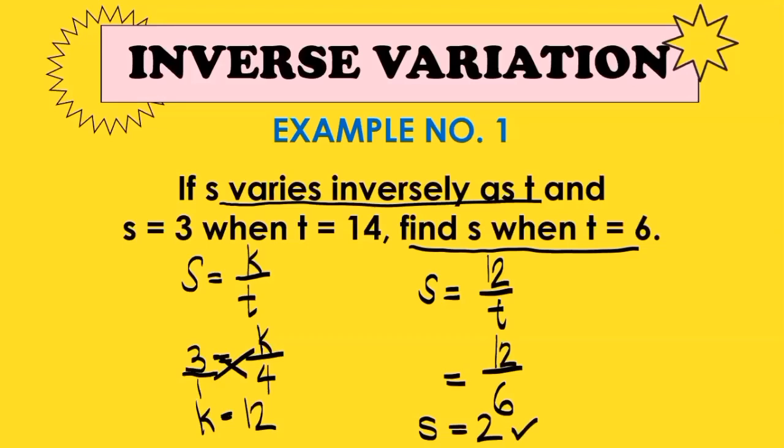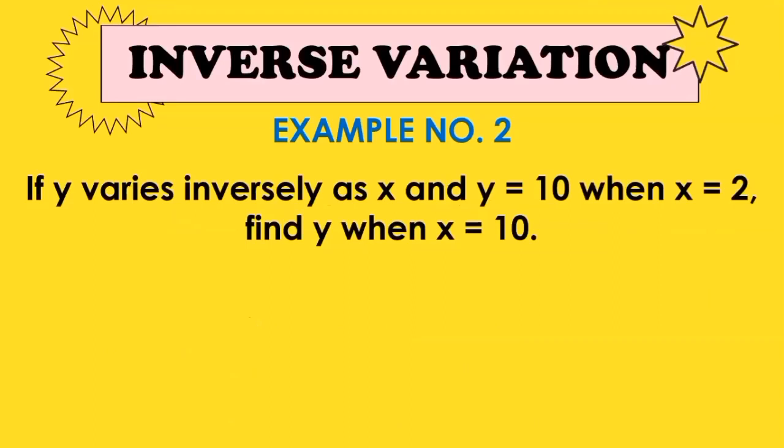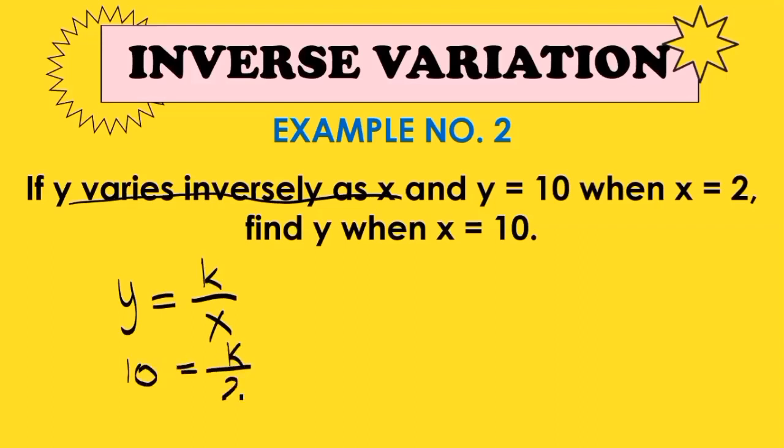Next. If y varies inversely as x and y is 10 when x is 2, find y when x is 10. Again, translate the statement into a variation equation. y equals k over x. y is 10 when x is 2.